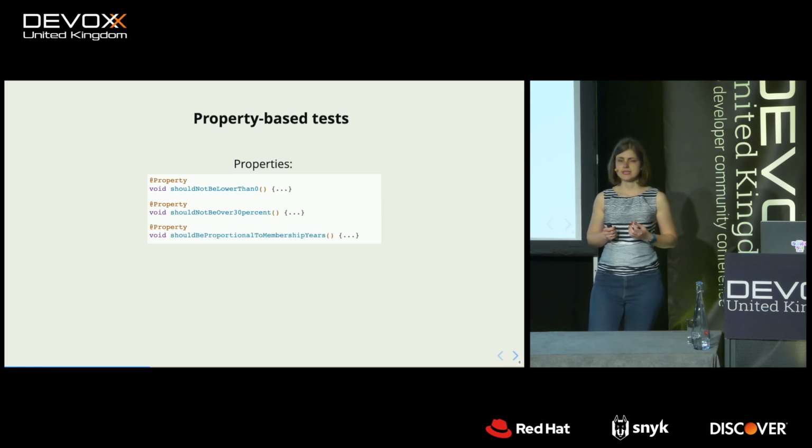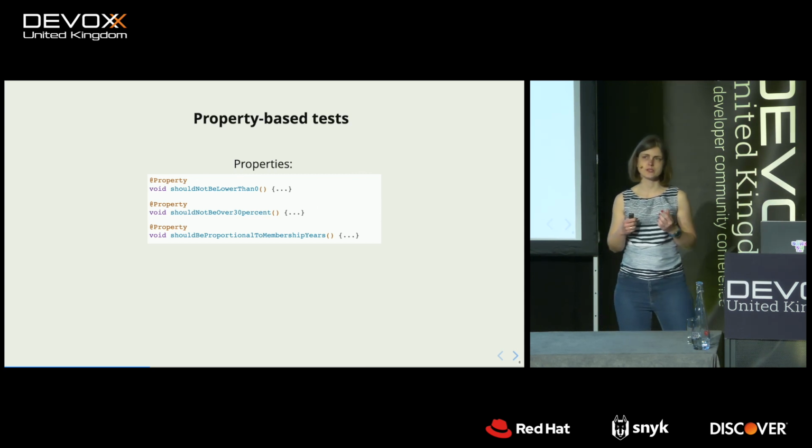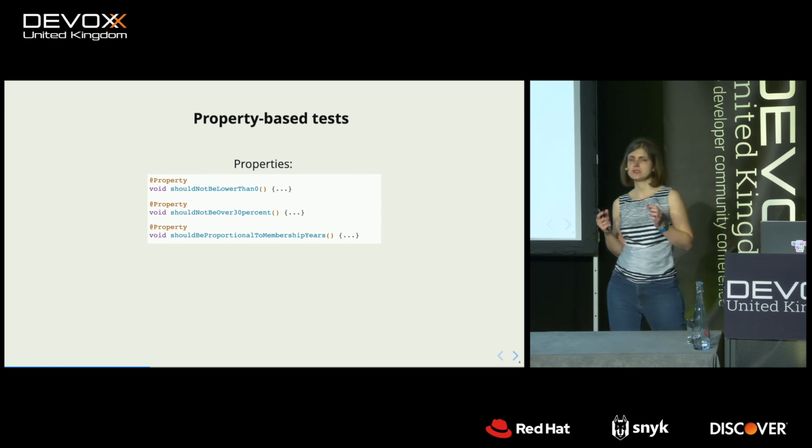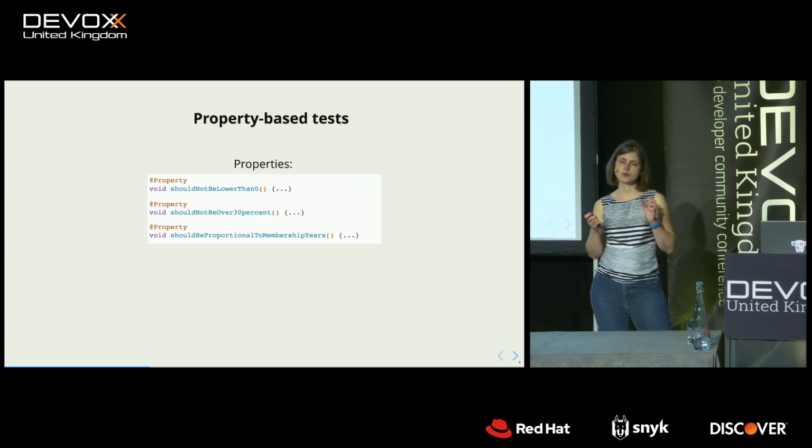We could also test your methods, for example, by having 2 customers and making sure that there's a property which says that the discount is proportional to how long a customer is with us. And you can say in the test that whenever you have 2 customers and one of them is with us for a longer time, the other one for a shorter time, then the discount for the older one is always greater or equal to the other one.